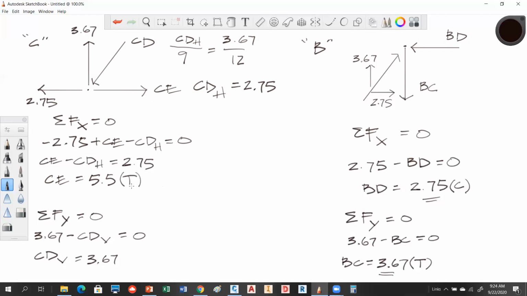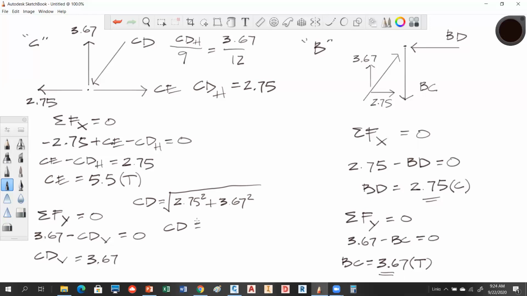So the only other thing we have to do now is solve CD. I'm going to drop that over here. CD is going to be equal to 2.75 squared, that's that number, plus 3.67 squared. I'm going to put CD right here. We've already solved that one before too. Again, you're going to see a lot of the same numbers creep in.